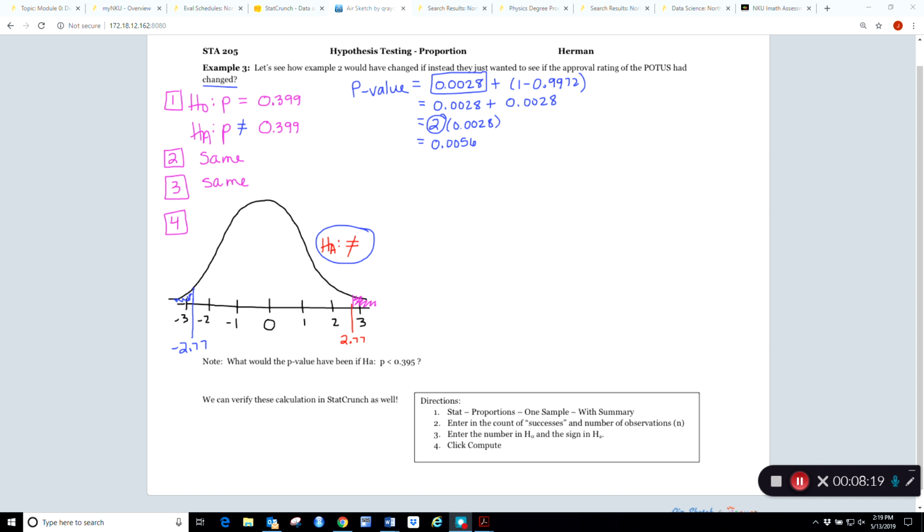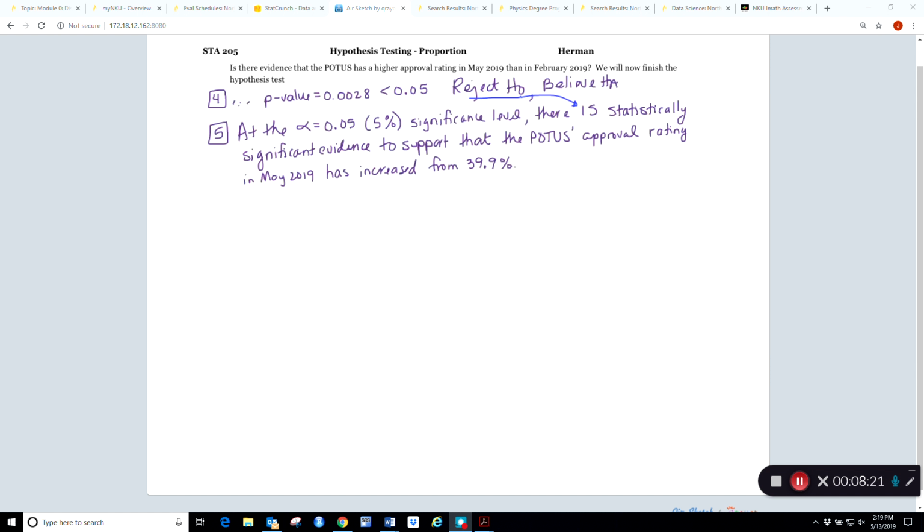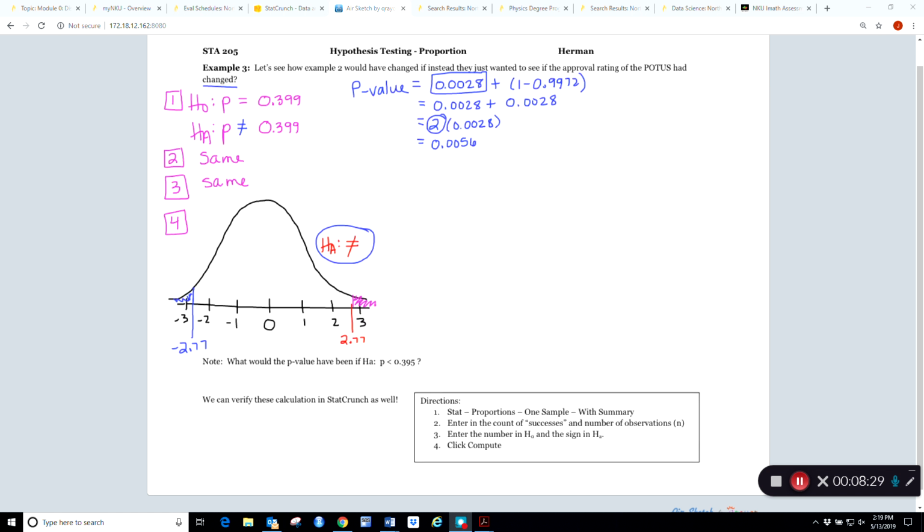Now if we compare that to our decision, we have to check to see if our new p-value that we calculated is less than 0.05. Yeah, so we're going to get the same decision here, so this is not different. We're still going to end up rejecting the null hypothesis here and instead believing the alternative hypothesis.